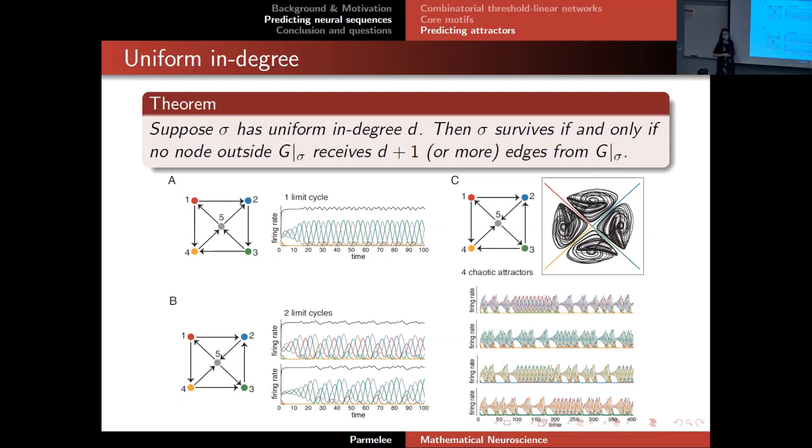Oh, then 2. That's for 2, by process of elimination. Yeah, so 2 receives 2 edges from the 3-cycle. If your 3-cycle points to another node like that, it's going to kill that core motif. It's not going to survive in the full network, which means it's not going to produce an attractor. And for this one, 125 survives. 235 survives. Okay, you have another chance. Which node kills 154?